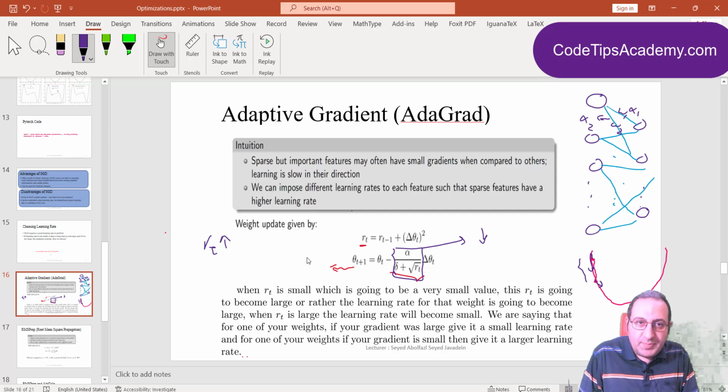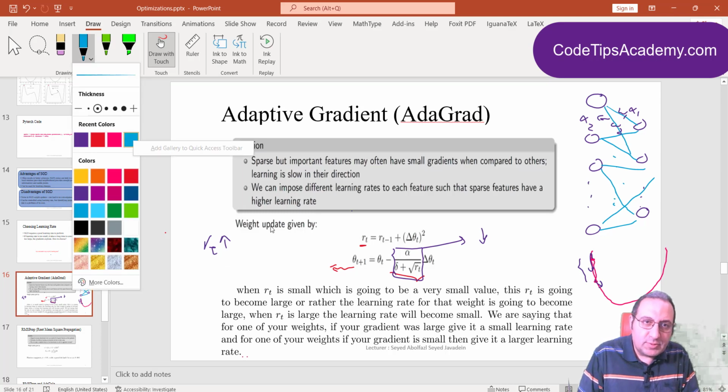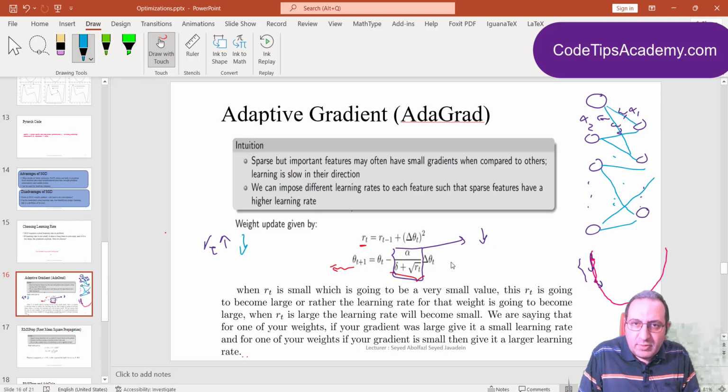But in opposite, if we have a small RT, this small RT makes this division very large. Okay, what does this mean?